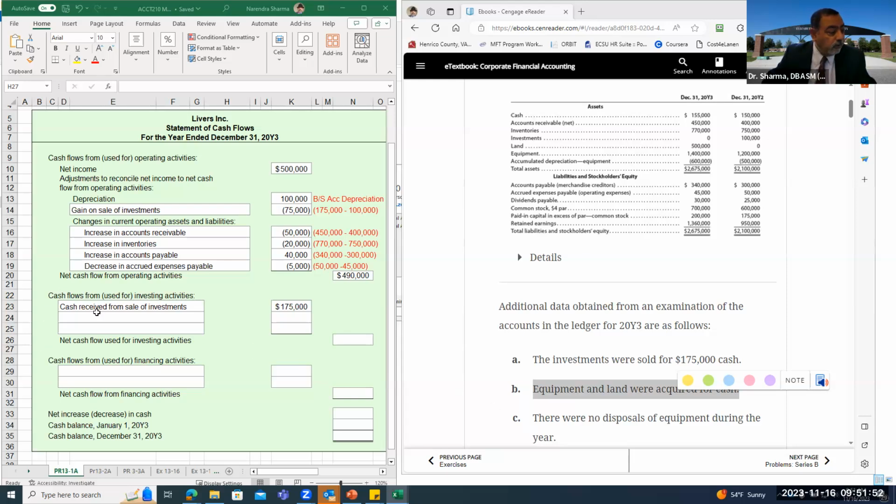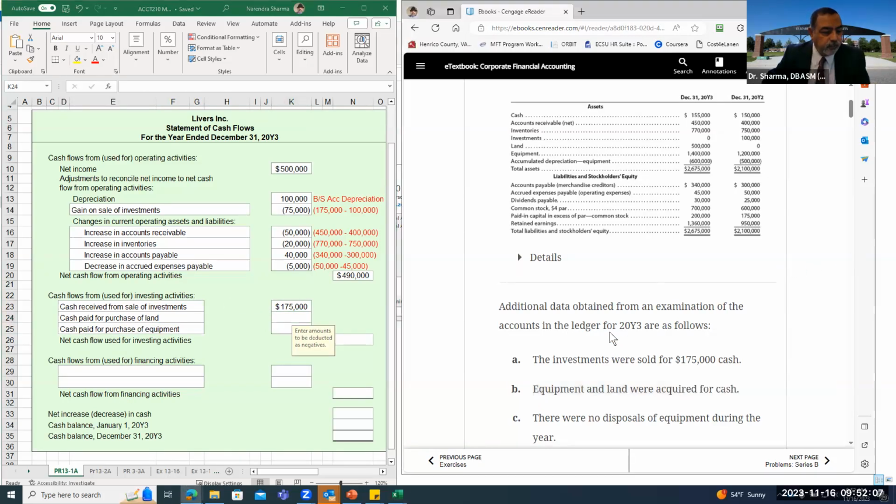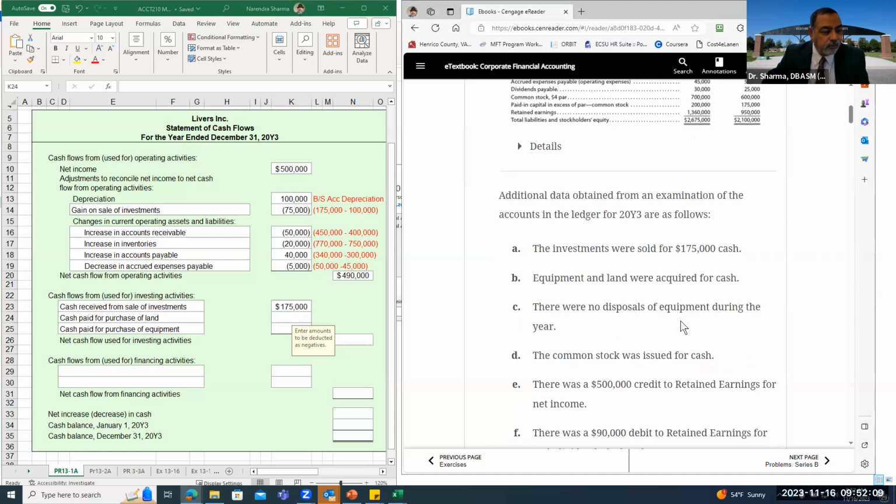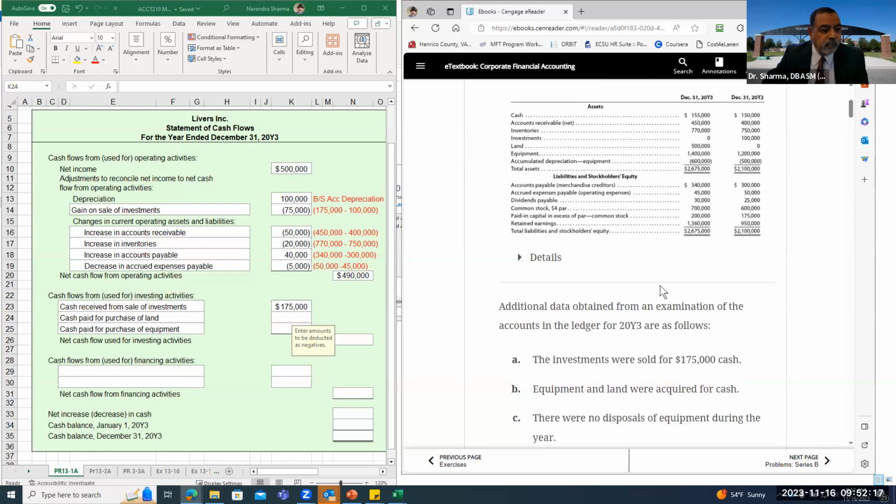So let us first start with cash paid for purchase of land, and then cash paid for purchase of equipment. So how much of land did I purchase? Now, since another item we are given is that there were no disposal of equipment during the year, that means we have only purchased them.